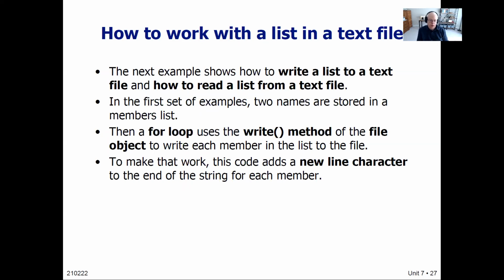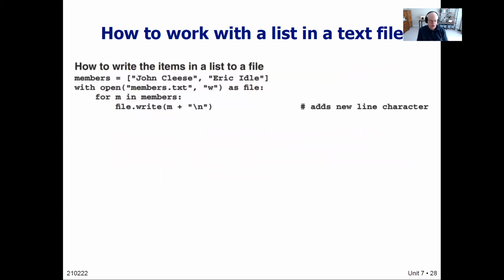And we're also going to add a new line character here to the end of each line in the string, okay? You'll see that in the code. So here we are back to our old ways from last week, where we are creating a list, and it's just a simple list named members here, okay? It has two names in it. And then we are going to write this data.